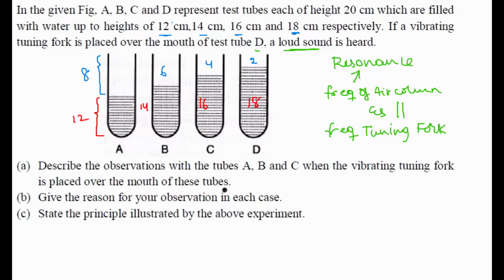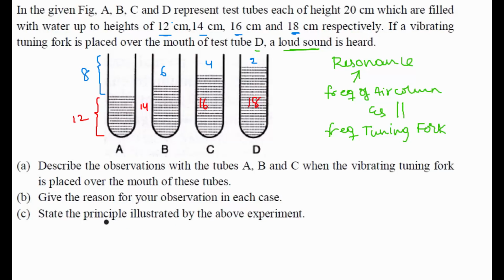We know that if the lengths of air columns with one end closed are in the ratio 1:3:5, and so on, odd integers, the frequency of vibration of the air column will be the same, right? Now which column will produce a louder sound? The column which falls in the ratio 1:3:5:7, so any of these ratios will produce more sound compared to other air columns, right?